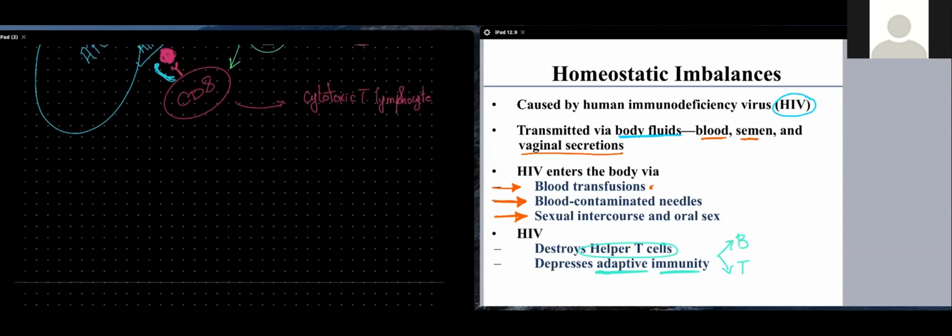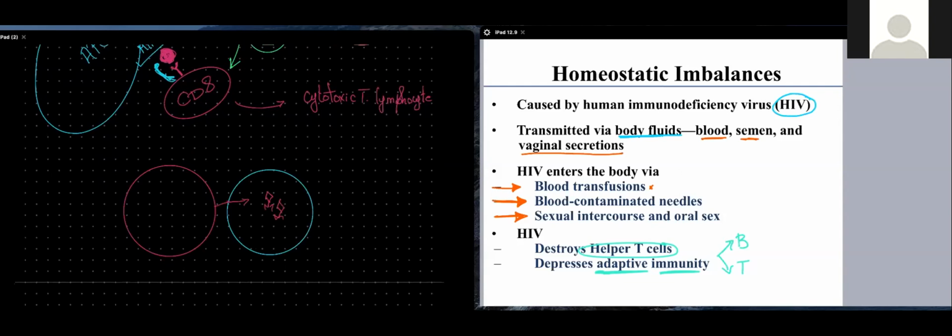And remember, the cytotoxic T cells are the cells responsible for finding any infection in your body cells and destroying the infected cells along with the viral particles on the inside.